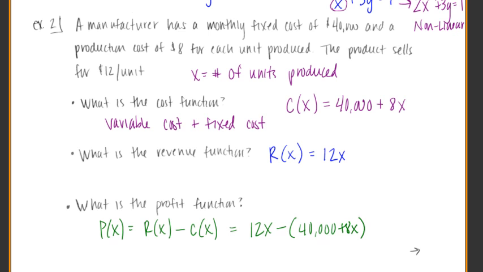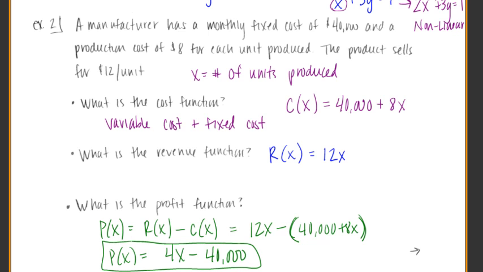This is not a hard subject whatsoever, but if you ever put more than one term behind a minus sign, you've got to put it in parentheses because I want to make sure I'm subtracting all of the cost function, not just the fixed, not just the variable, but actually all of the cost function. So by the time I do that and combine like terms, a 12x minus an 8x is 4x, and then minus 40,000. So there's the profit function right there.